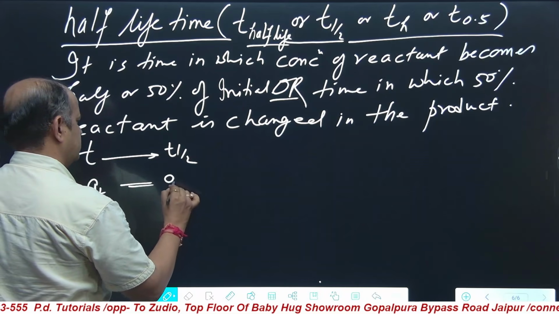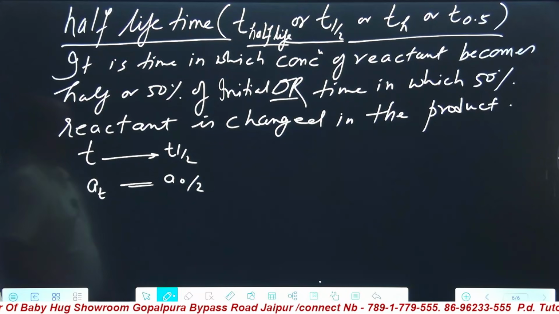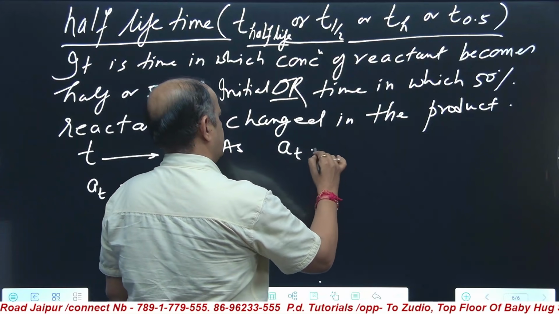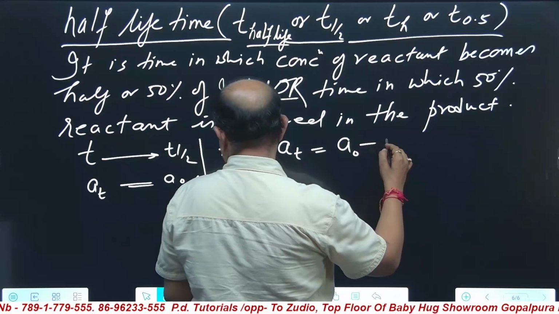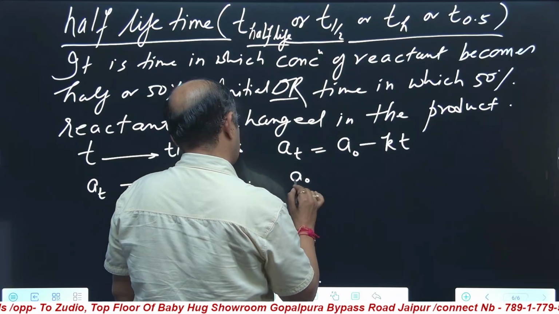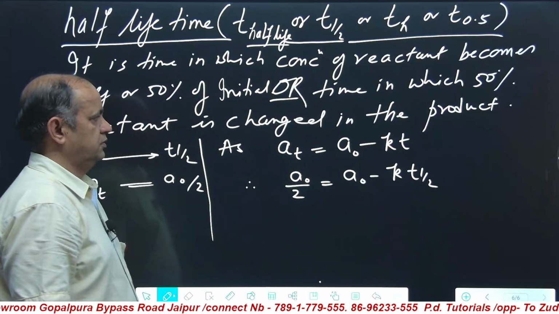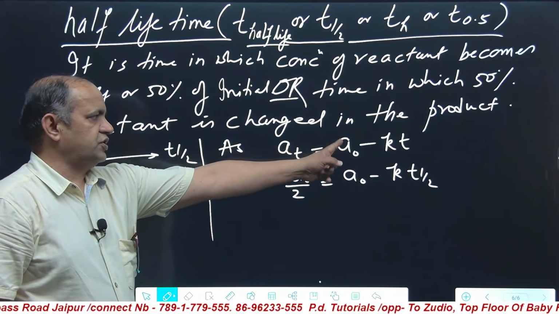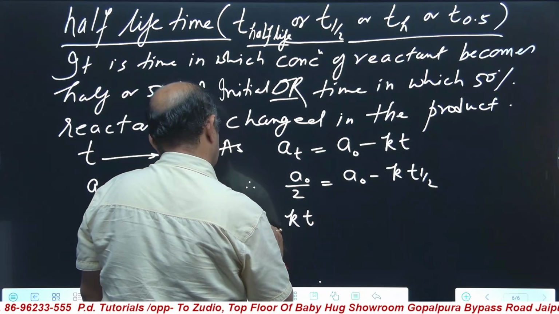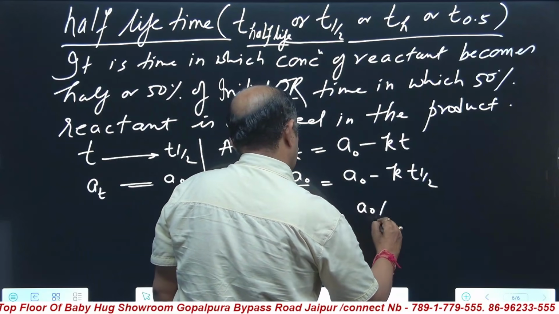At T half, A_t equals A naught by 2. As A_t equals A naught minus K T, and A_t becomes A naught by 2 where T is half-life, K T half equals A naught minus A naught by 2, which is A naught by 2.